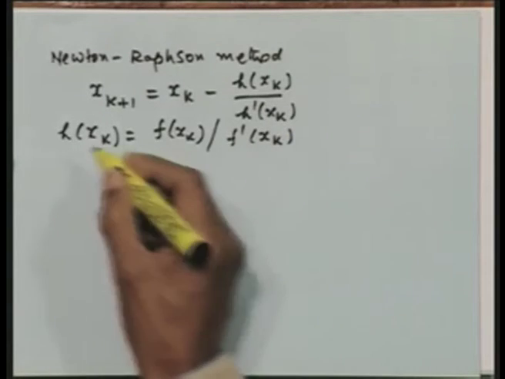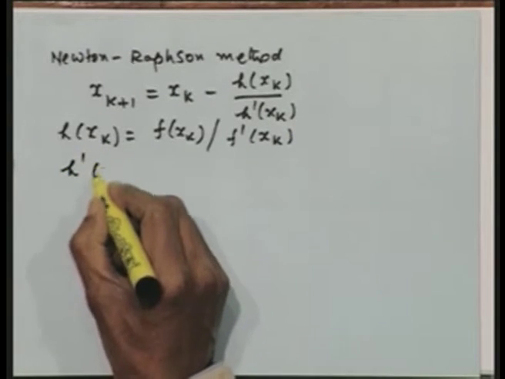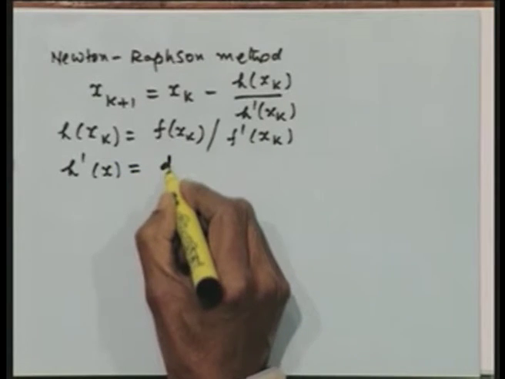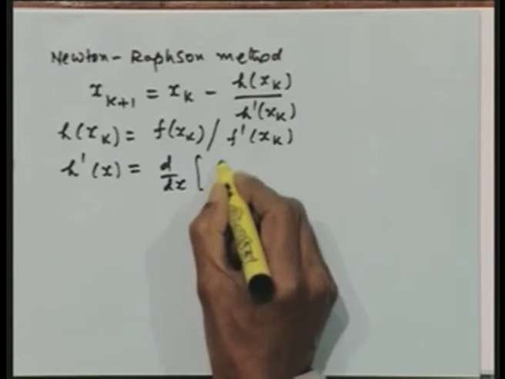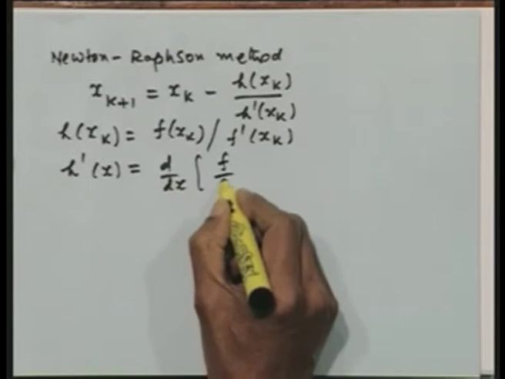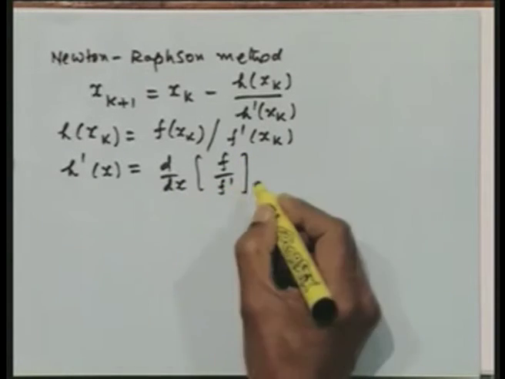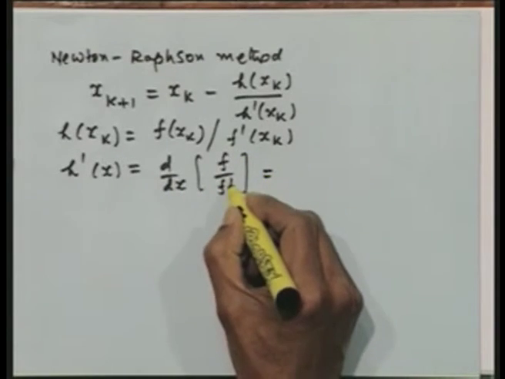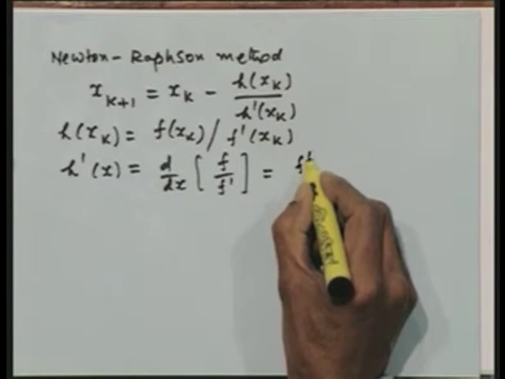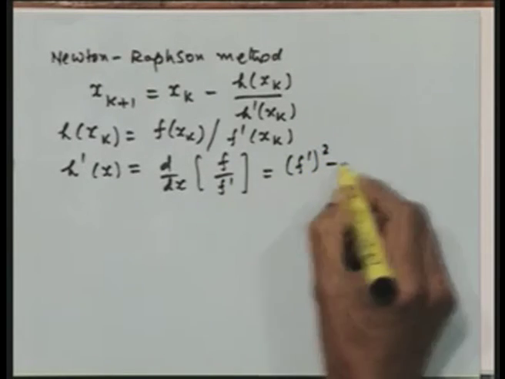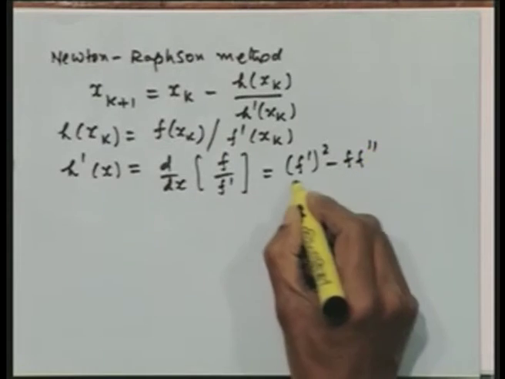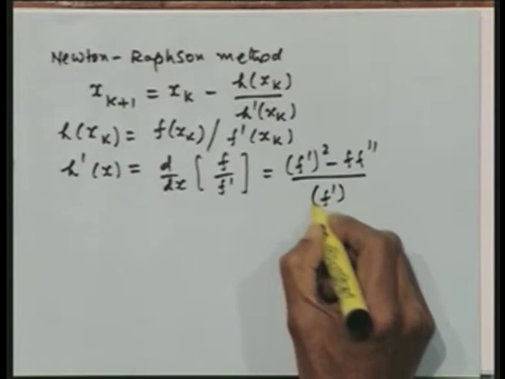Now, differentiate to get h'. The derivative d/dx of f upon f' will be, if I differentiate, f' into f', that is f' squared, minus f into f'', divided by f' whole squared.